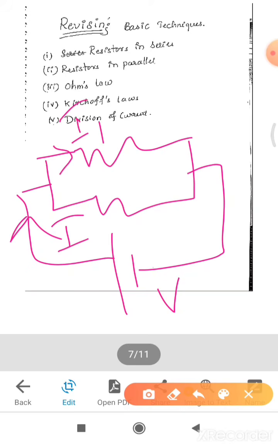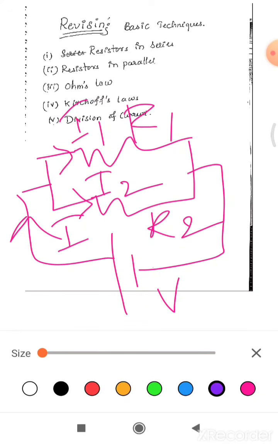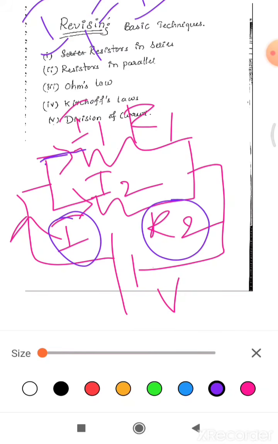Let's say this branch has I1 with R1, and this one has I2 with R2. The branch current I1 can be written as the main current I into the resistance of the other branch, which is R2, divided by the total resistance, R1 plus R2. Similarly, we can write it for I2 also.